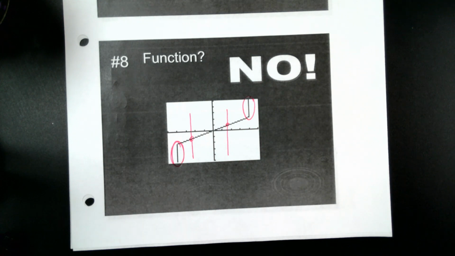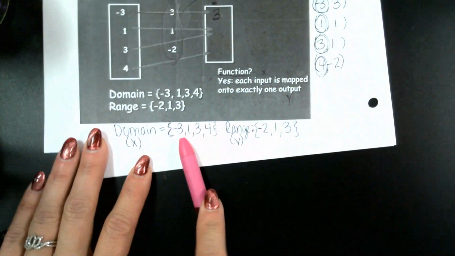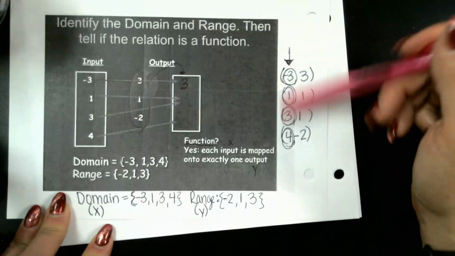All right, so this is what I'm going to do. I'm going to give you guys a practice page. The first page of your practice page, front and back, is everything we've done today. So they're going to give you some ordered pairs. They're going to ask you to list out your domain and range, just like we did back here. So you guys will be given sets of ordered pairs.